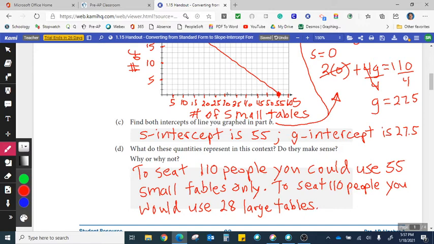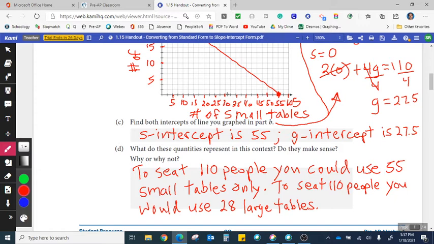Well, definitely if I'm seating 110 people, I could use 55 small tables, right? And that definitely makes sense. So it definitely makes sense that 55 small tables could be a solution. Now when we get to the large tables, I put in here 28, but the actual answer is 27.5. You can't have half a table. You're not going to have half a table, so in that way it would not make any sense to have half of a table, but we would have to use one more table.